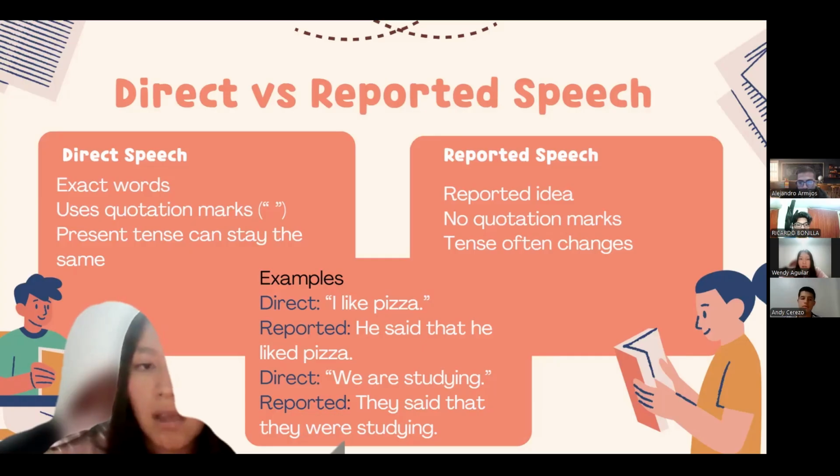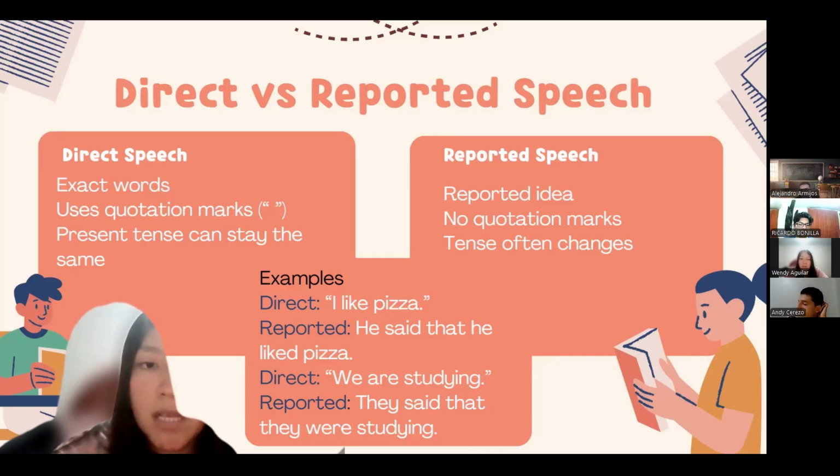On the other hand, reported speech communicates the same idea, but not necessarily the exact words. For example, he said that he liked pizza. Here we remove the quotation marks and change the tense from like to liked.